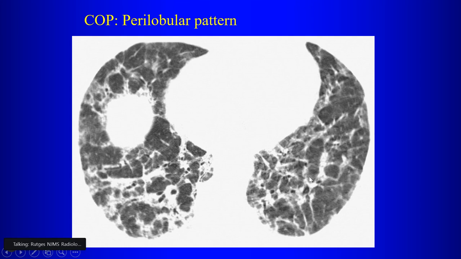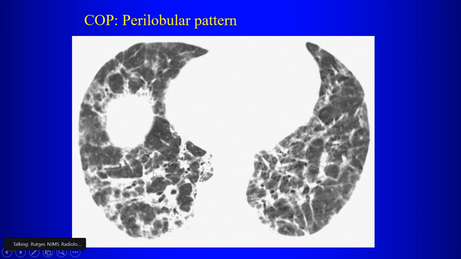Another pattern we can see with organizing pneumonia or even cryptogenic organizing pneumonia is this so-called perilobular pattern, where you have thickening around the secondary pulmonary lobules, but it has this kind of strange appearance. So remember, the most common cause of interlobular septal thickening is what? Pulmonary edema or interstitial edema, and that tends to be very smooth and very regular, but this has this kind of irregular appearance. Also, like a nodular thickening we can see with sarcoid or lymphangitic carcinomatosis, but here it's got this strange kind of thickening that's not uniform.